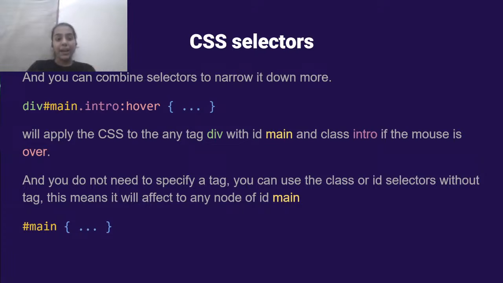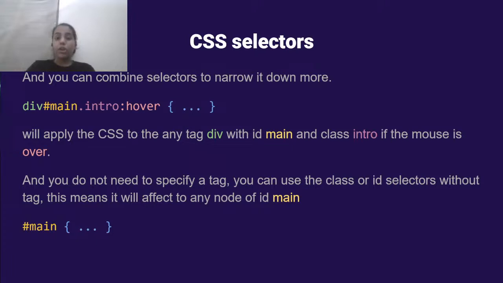And you can combine selectors to narrow it down more. So it can be div hash main dot intro colon hover. This will apply CSS to any div tag with the ID main and class intro if a mouse goes over it. And sometimes you do not need to specify a tag.